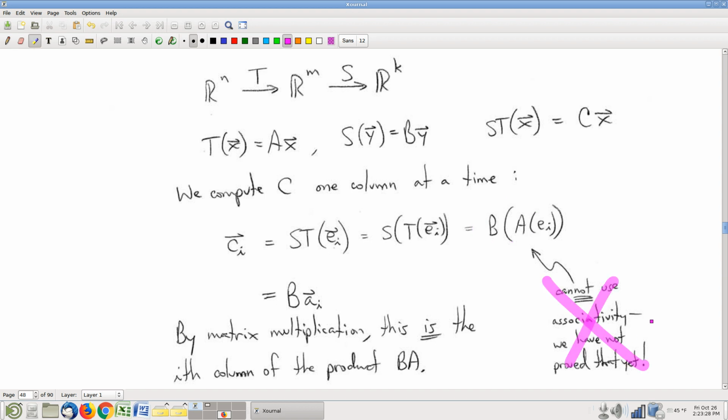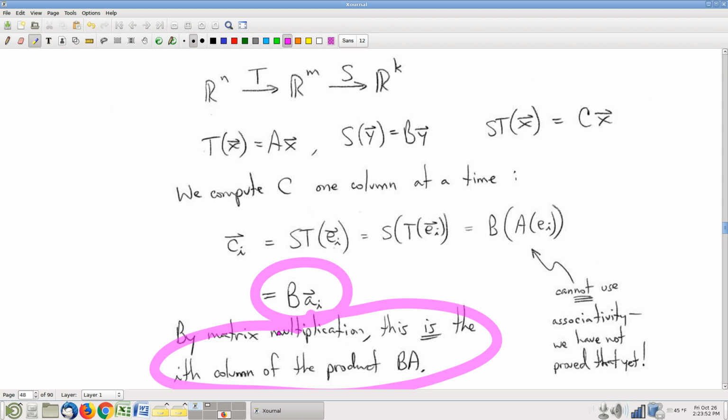I'll reveal why momentarily. Let me instead just observe this, that when you multiply a matrix A times a standard basis vector, keep in mind the images of the standard basis vectors are the columns. Right? Columns are the images of the standard basis vectors. And so notice now this is the ith column of BA.